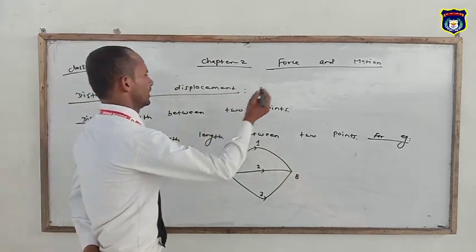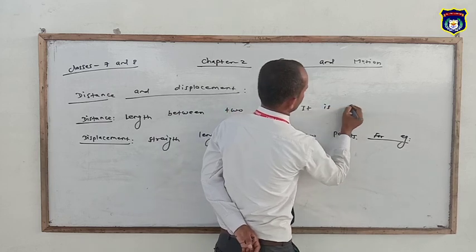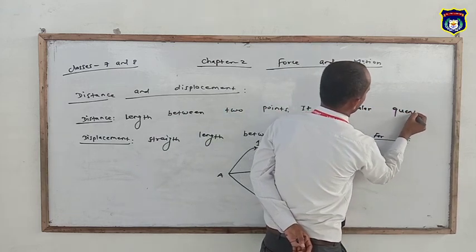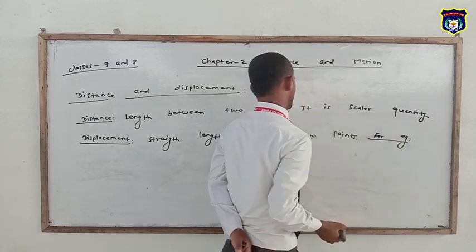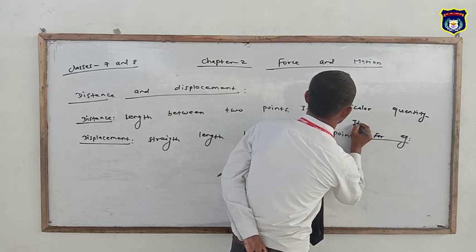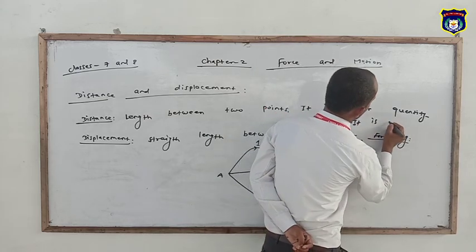Distance is a scalar quantity, whereas displacement is a vector quantity.